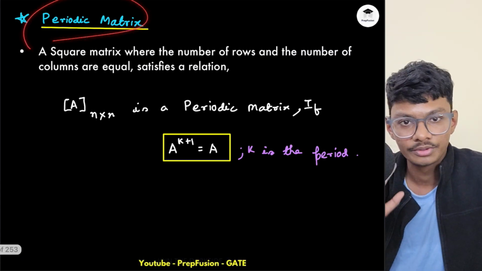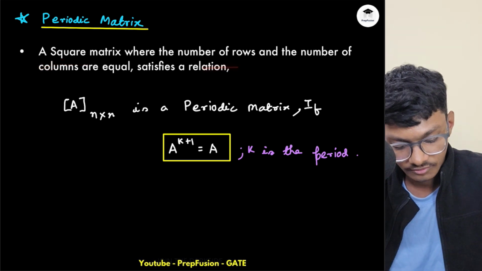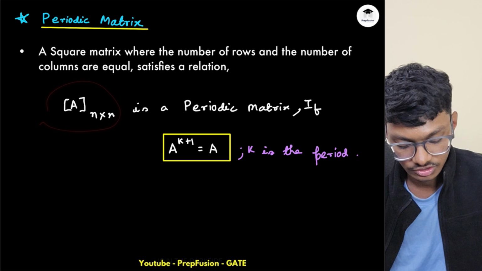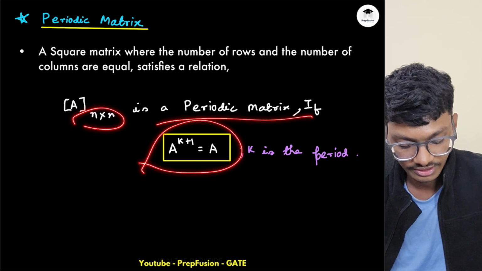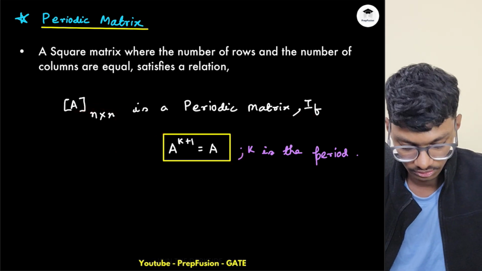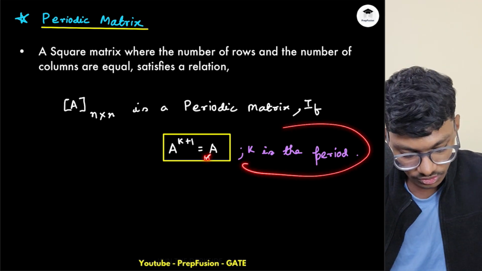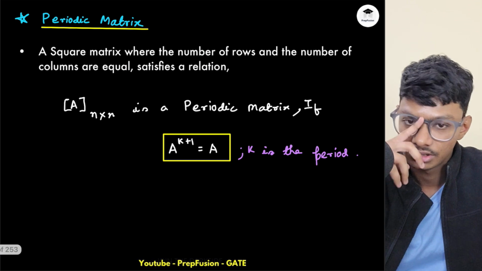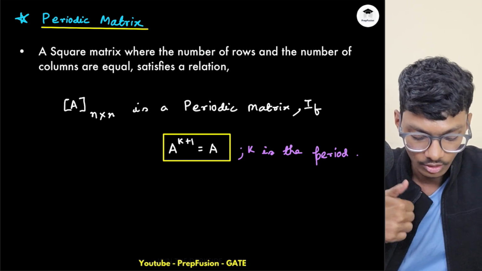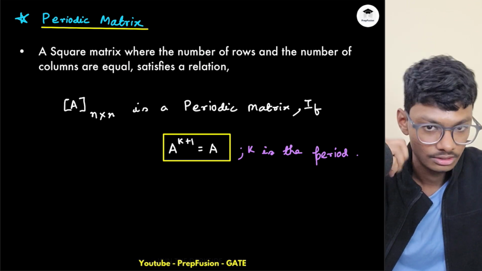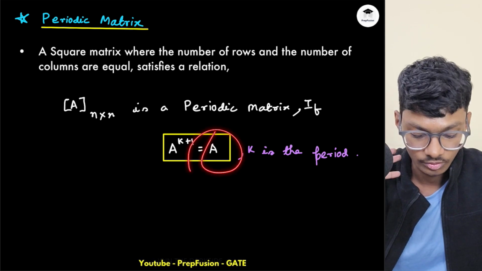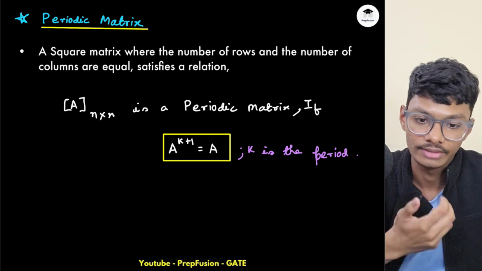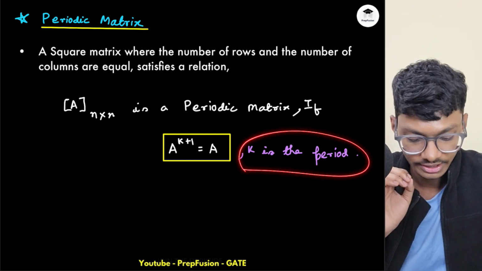Next is about the periodic matrix. A square matrix, where the number of rows and the number of columns are equal, satisfies this relation. Basically A, an n cross n matrix, is a periodic matrix if A raised to power k plus 1 equals A itself, where k is the period. Basically, what was the involutory condition? If I do A square, it should be equal to I. Now here if I multiply A k times, then it should be equal to A itself, where k is the period.